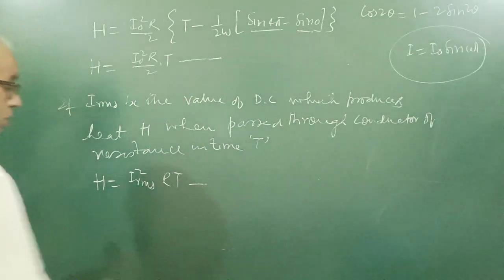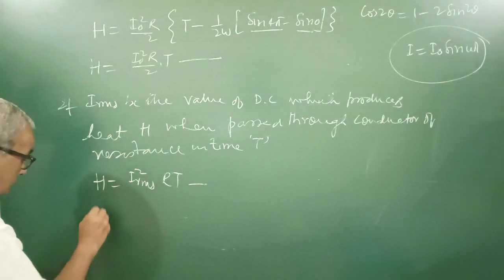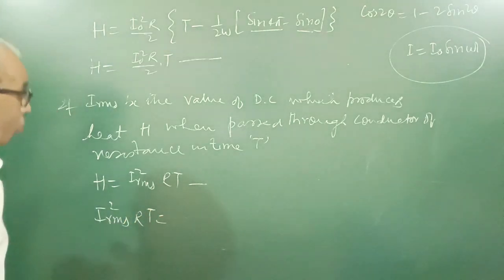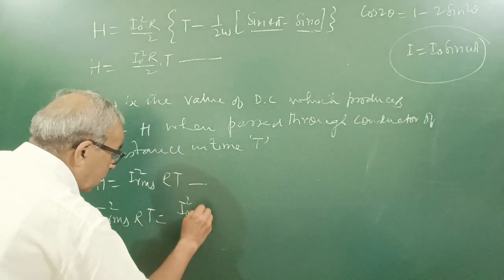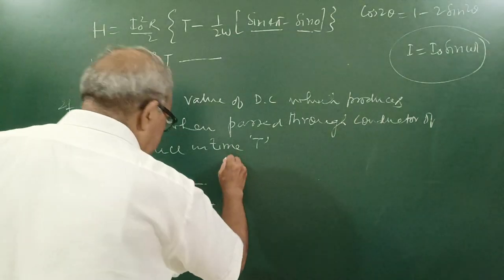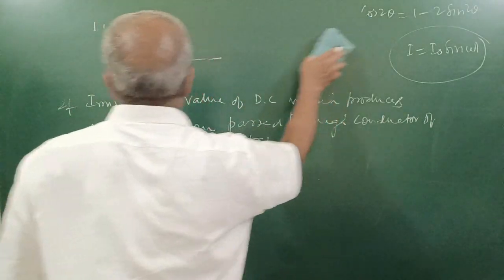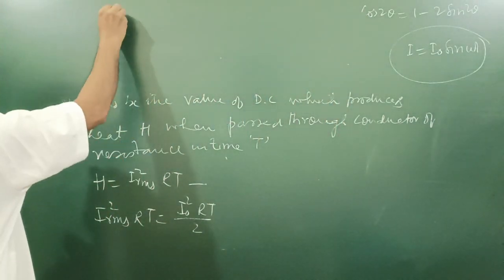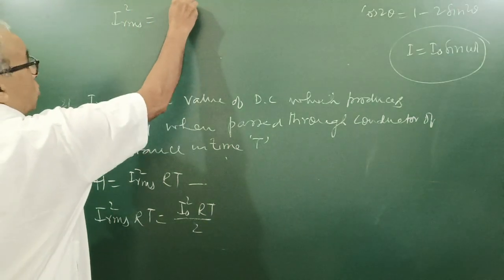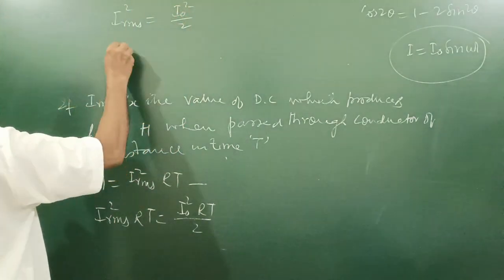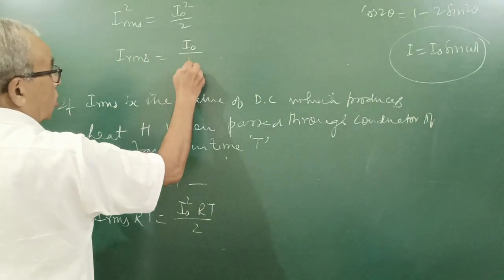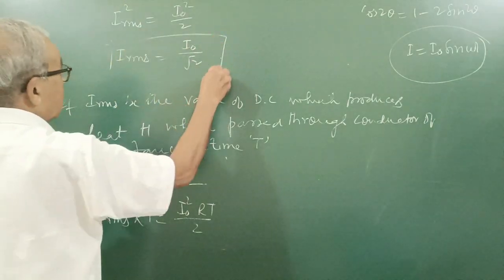Comparing these two equations, what do we get? IRMS square RT is equal to I0 square RT upon 2. And simply you get IRMS square is equal to I0 square by 2, or IRMS is equal to I0 by root 2. This is the relation.